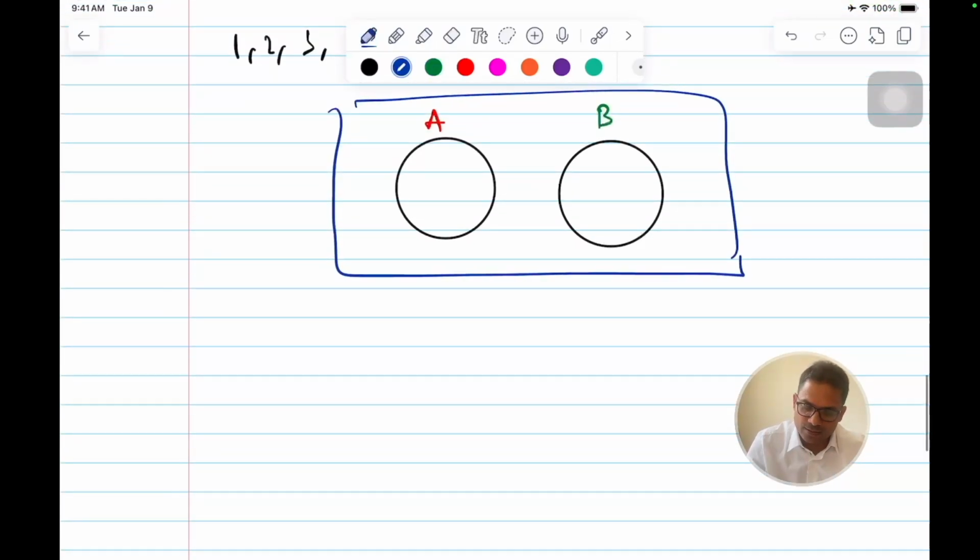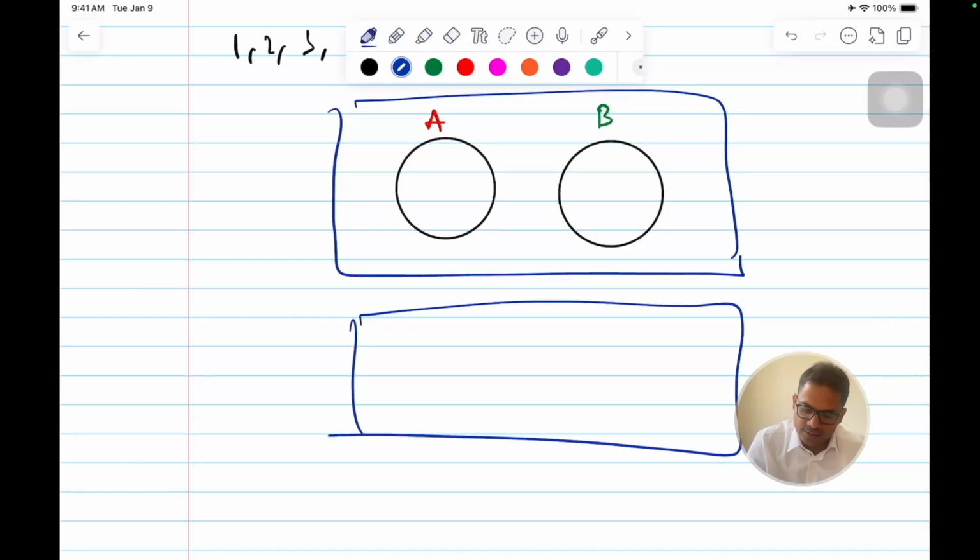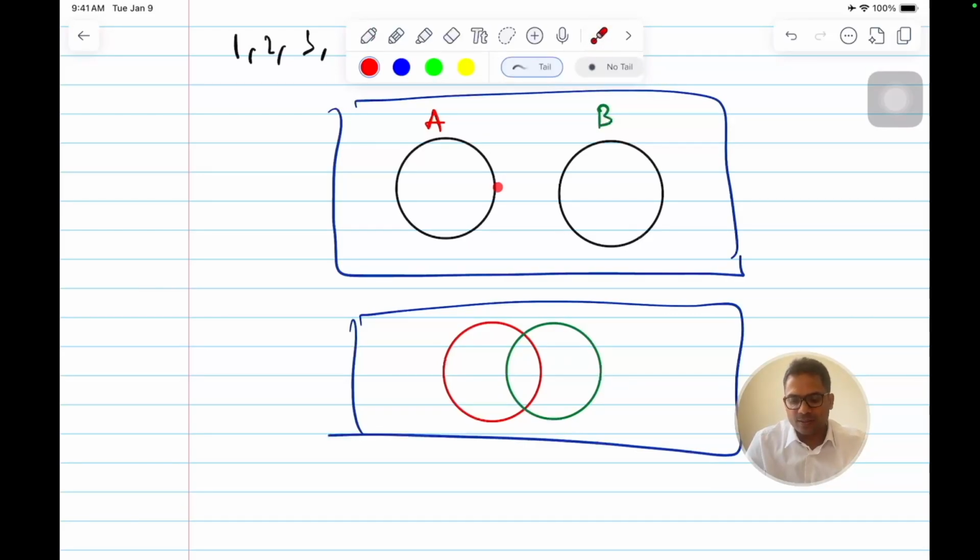Either it can be this way or the two sets can be like this. These are the two possibilities. When these two sets A and B have no overlap, they are called disjoint or mutually exclusive.